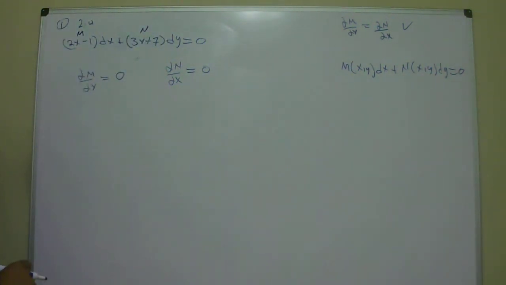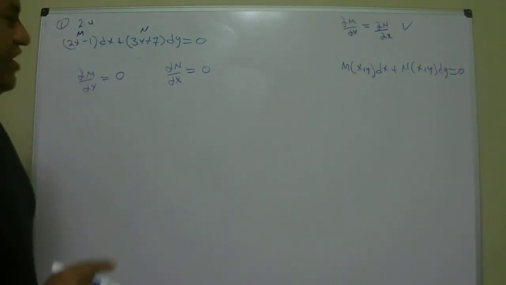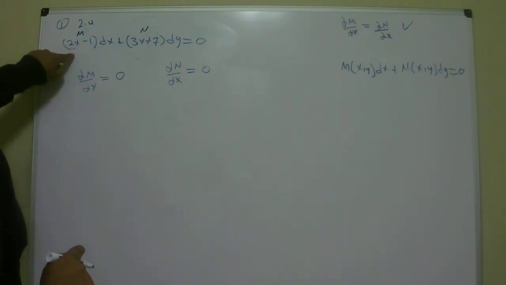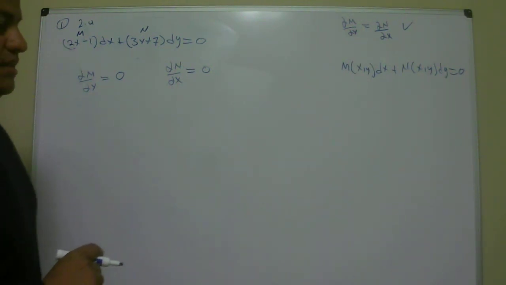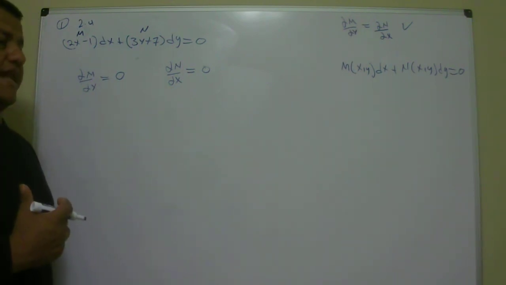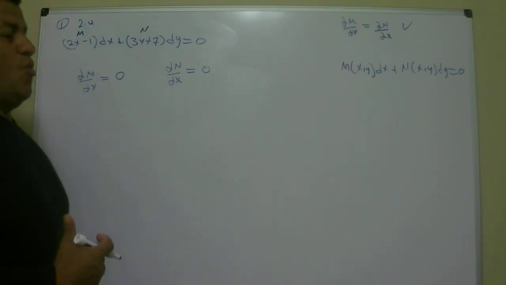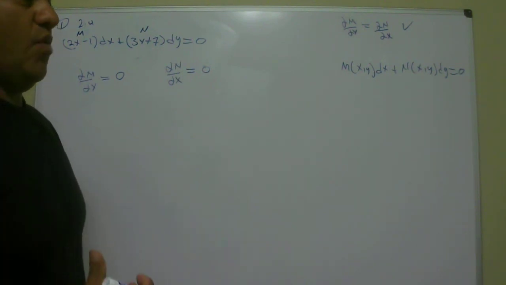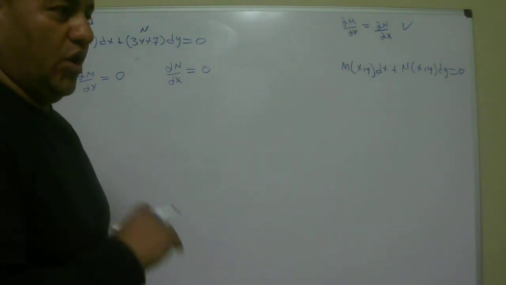So now I'm going to pick one of them and integrate. The most important thing right here is that I have to fix one. Once I fix that one, I have to stay with that one all the way through.